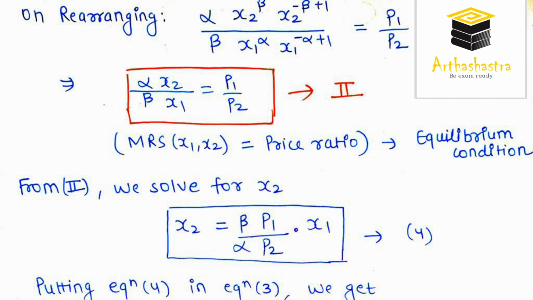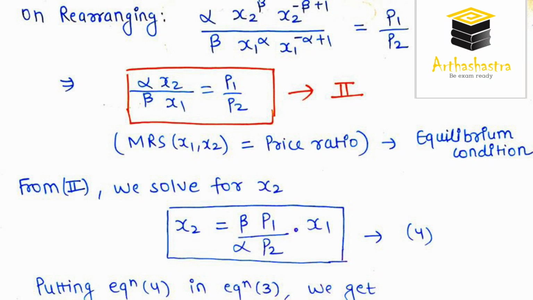Now we rearrange the expression by writing x1 and x2 terms together. We will shift our x1 term from numerator to denominator and our x2 term from denominator to numerator. So we will get equation 2, that is alpha by beta times x2 by x1 equals p1 by p2.